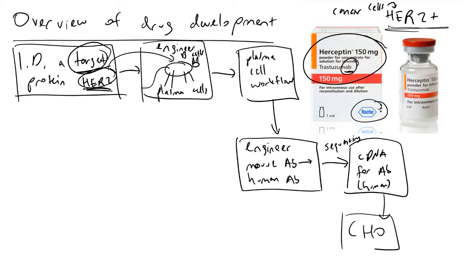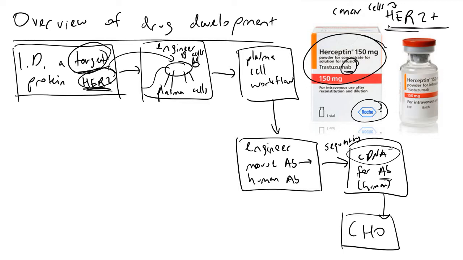So we're basically going to be engineering CHO cells, Chinese hamster ovary cells, that will produce our antibody. We can do that by putting our cDNA into a virus and infecting our CHO cells with that virus, and they'll inject their genetic material into the genome of the CHO cell.